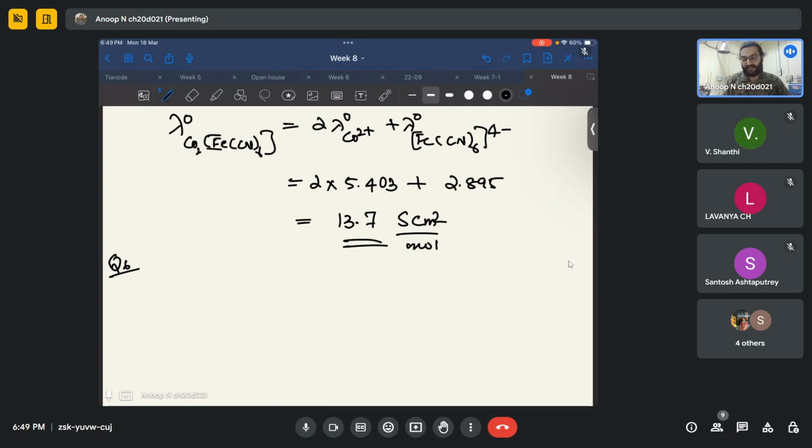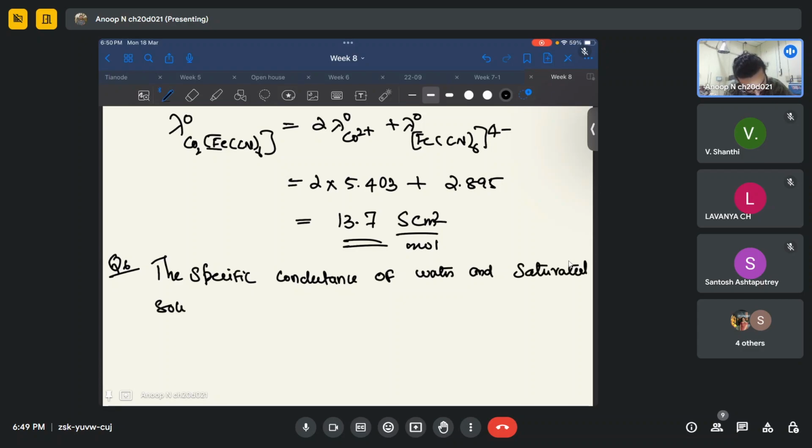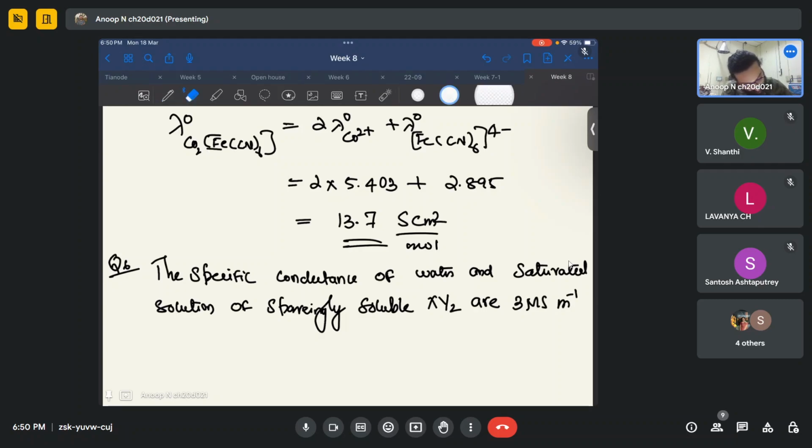So we'll solve one more problem similar. This will also make you confused, but still I have to solve this. The specific conductance of water and saturated solution of sparingly soluble XY2 are 3 microsiemens meter raised to minus 1 and 10 microsiemens meter raised to minus 1 respectively.